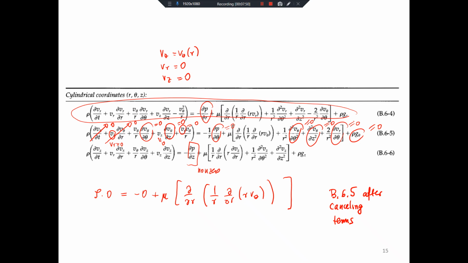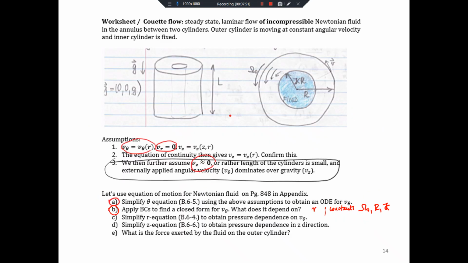So I hope that you can basically solve that, and I will just give you the results that you need to get. This is the pressure dependence on V theta.